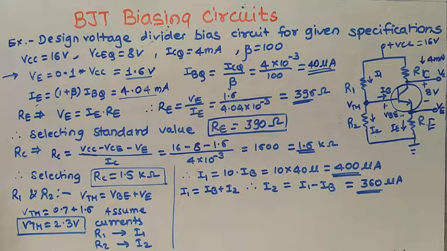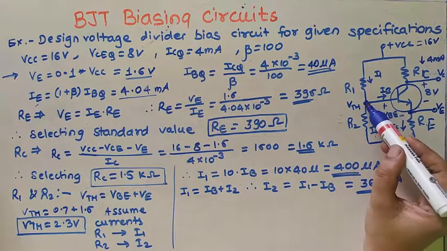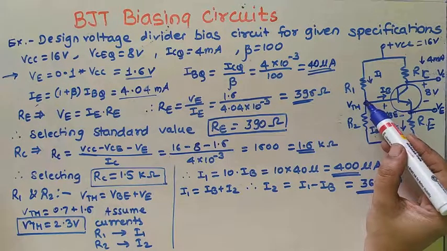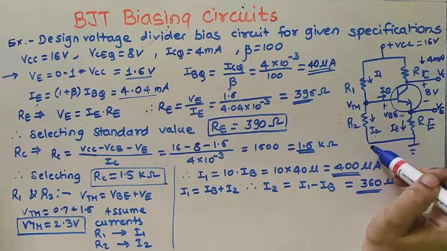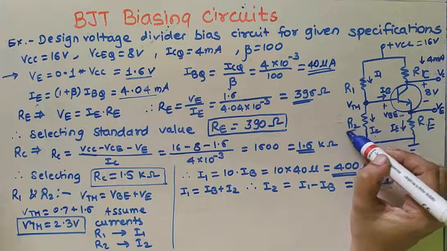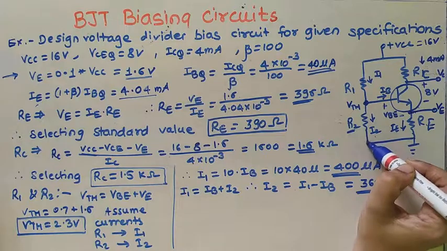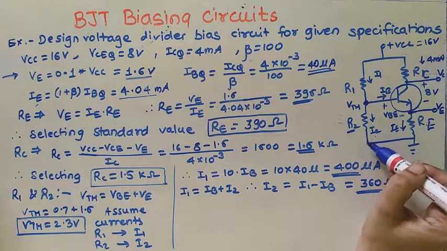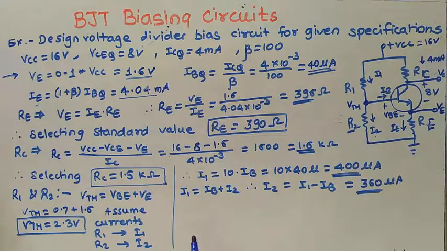Now we'll find out the value of resistor R2. So VTH is the voltage at this particular point, measured with respect to ground. That is nothing but the voltage across this resistor R2, that we have also studied during the DC analysis of voltage divider network. That's why VTH voltage is equal to I2 into R2.